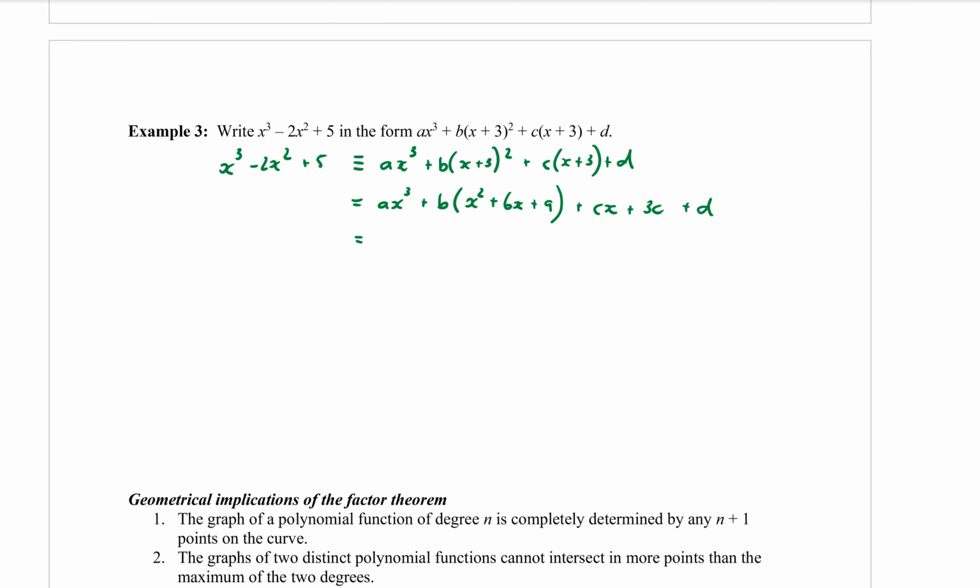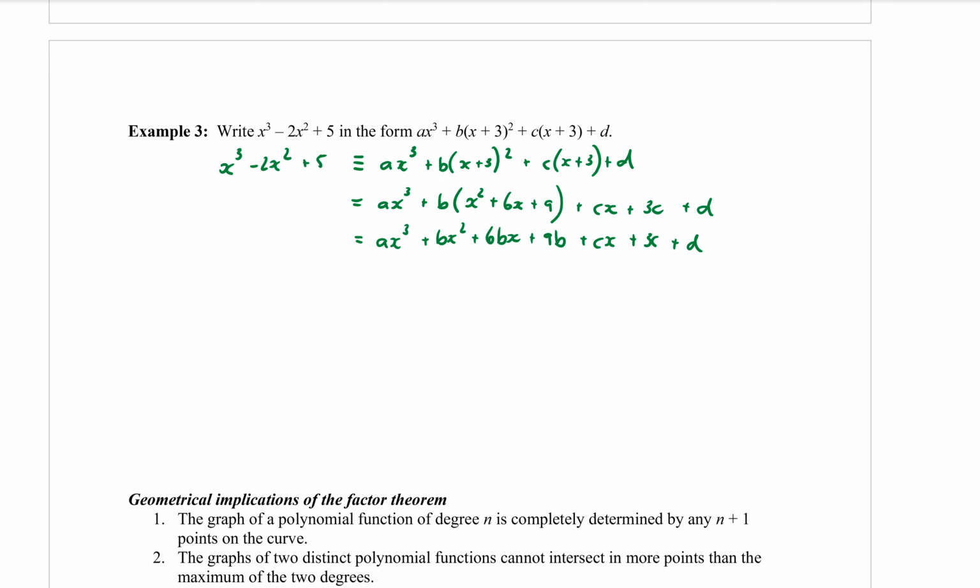I still need to expand that second bracket there out again. So ax cubed plus bx squared plus 6bx plus 9b plus cx plus 3c plus d.